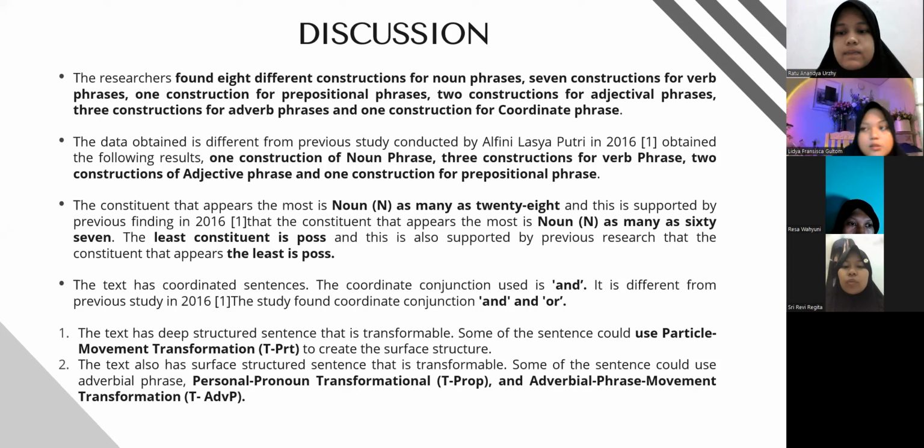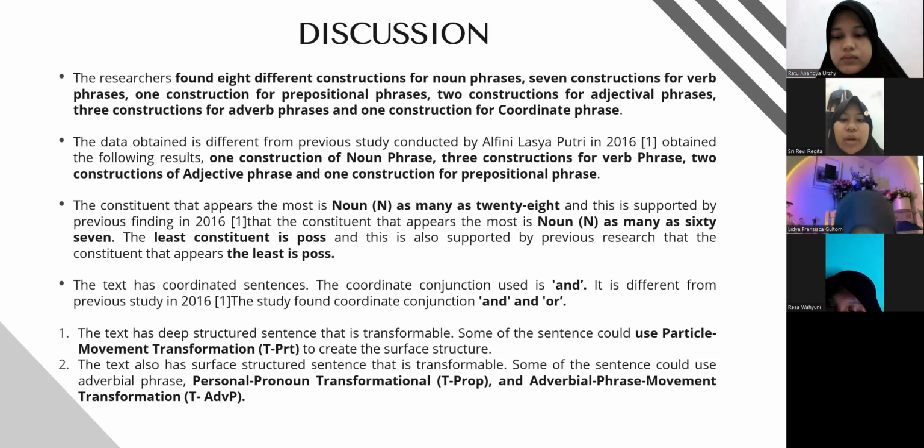After we analyzed the text about Donald Trump's biography, we found that there are 8 different constructions for noun phrase, 7 different constructions for verb phrase, 1 construction for prepositional phrase, 2 different constructions for adjective phrase, 3 different constructions for adverb phrase, and then 1 construction for coordinate phrase.